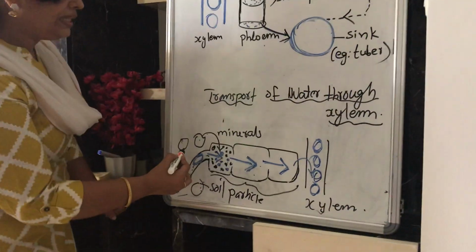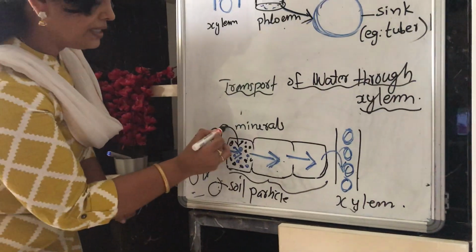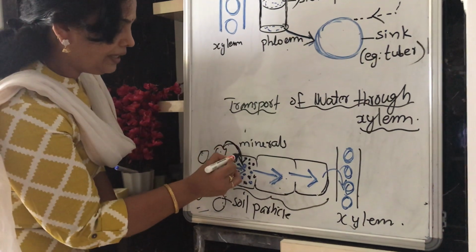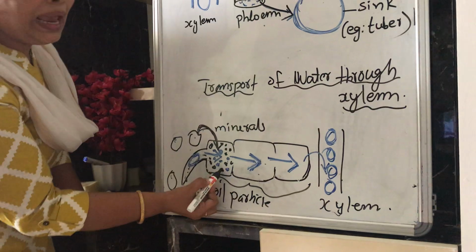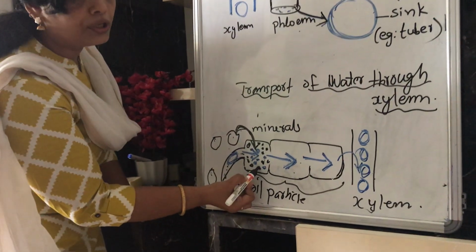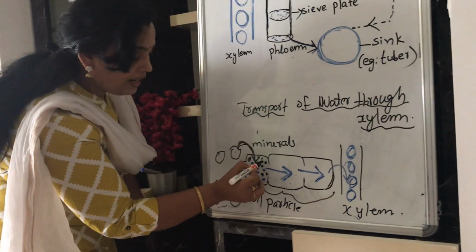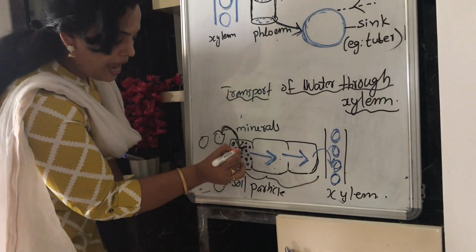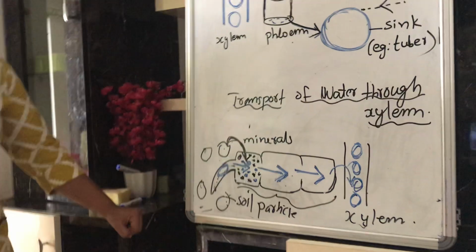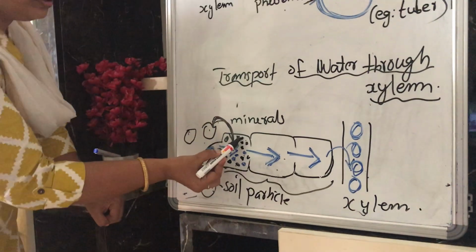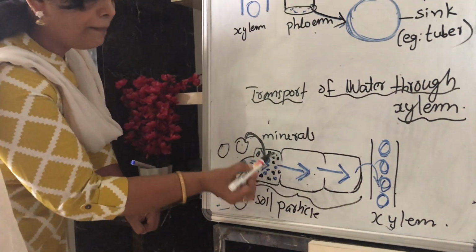So by using the ATP, you can see here this arrow mark, which is depicting the flow of minerals from the soil into the epidermal cells of the root. The mineral particles I have represented in black dots. I hope it is clear to you, these black dots are representing the minerals.